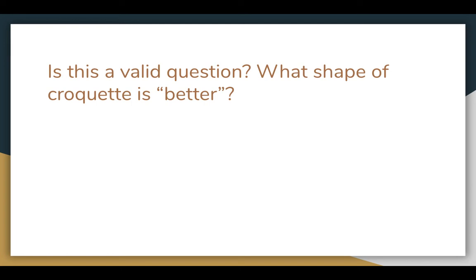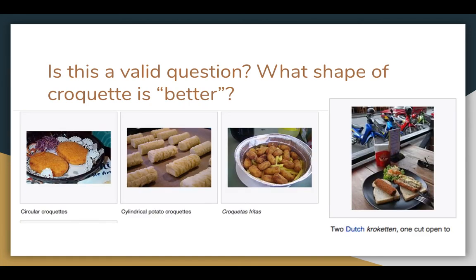And after all of this, is this a valid question? What shape of croquette is better? Well, it depends on how you define valid, but if you go to the Wikipedia page of croquette, straight up you can see these examples over there, in which you see the ones that we call cylinder shaped, or the ones that we are calling cylinder with caps, or maybe closer to a spheroid shape.